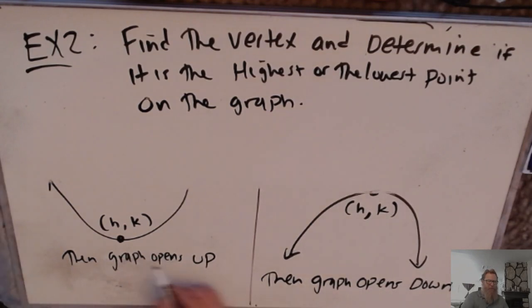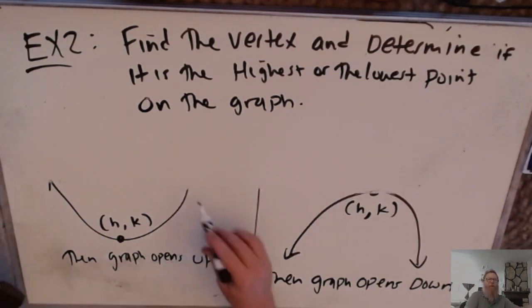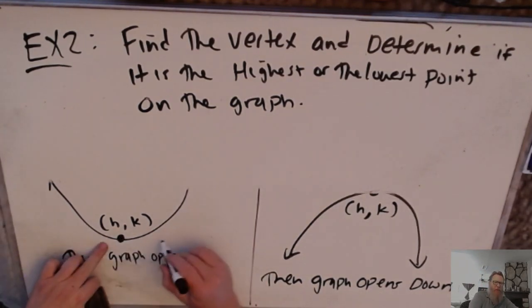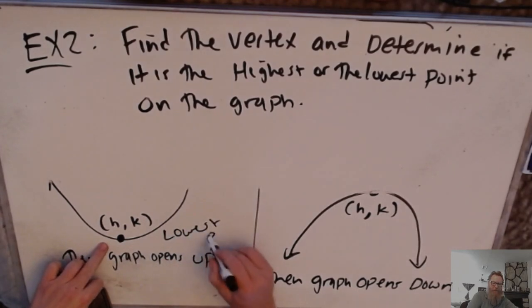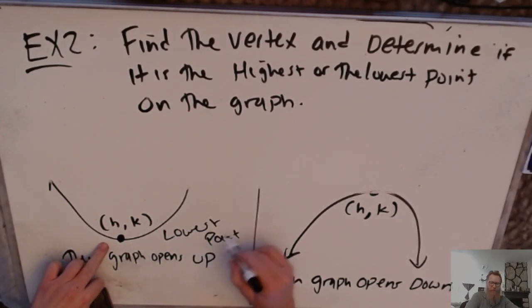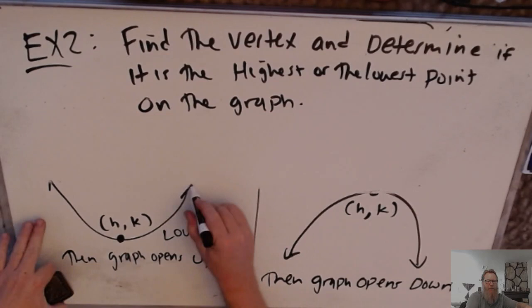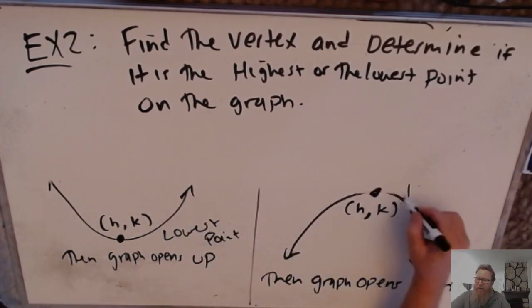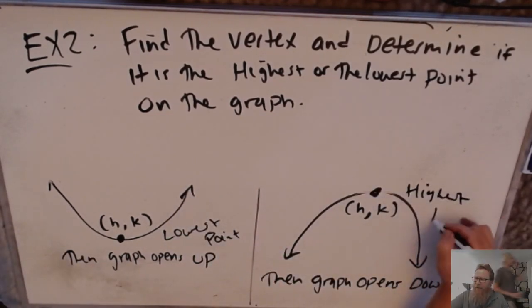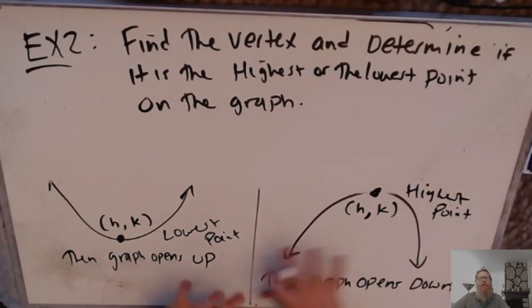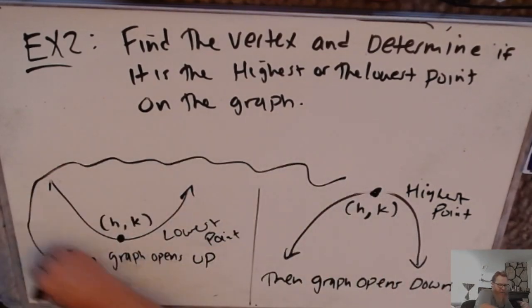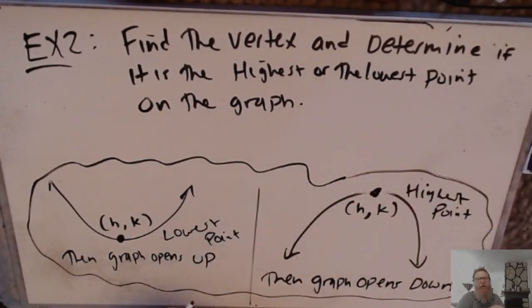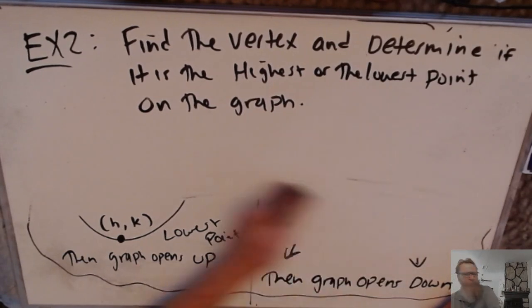All right. So keep in mind, if the graph opens up, then this is the lowest point, because the graph is opening up. If the graph opens down, then it's the highest point. Keep that in mind. Go ahead and memorize that or write it in your notes, and then I'm going to erase it right now. So 1, 2, 3, gone.